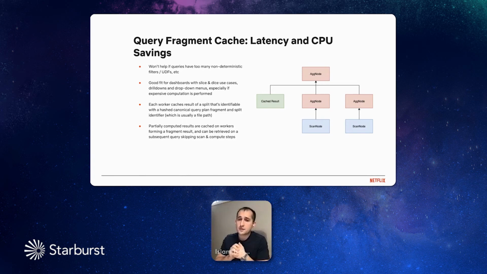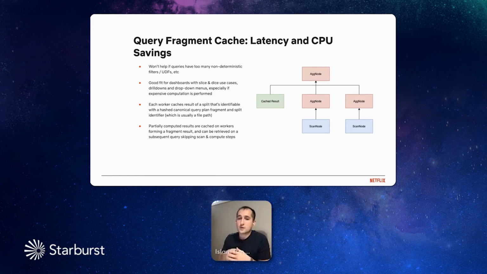So you don't have to do your scan and your aggregation. You go directly to your cache, grab that computed result for that given worker, and return it very, very quickly. This was very effective for our A/B testing framework, and the A/B testing framework's UI that is also powered by these Trino queries, because there we had a lot of compute being done on the data, and it did a lot of aggregations.